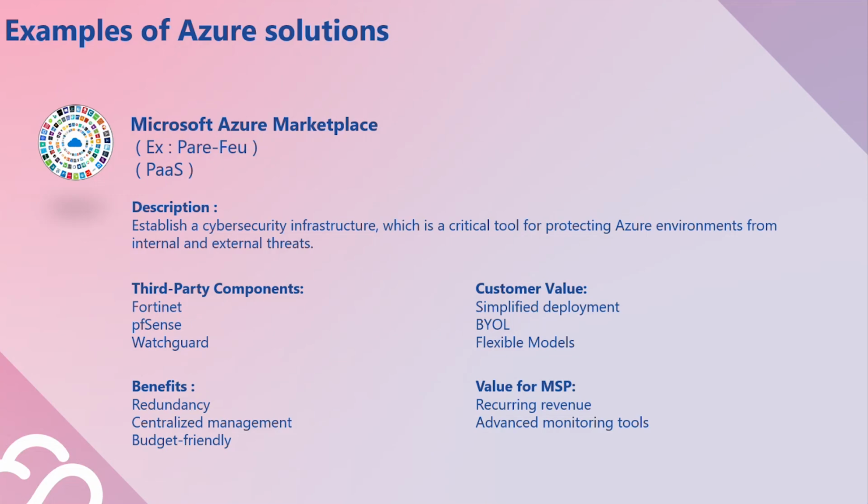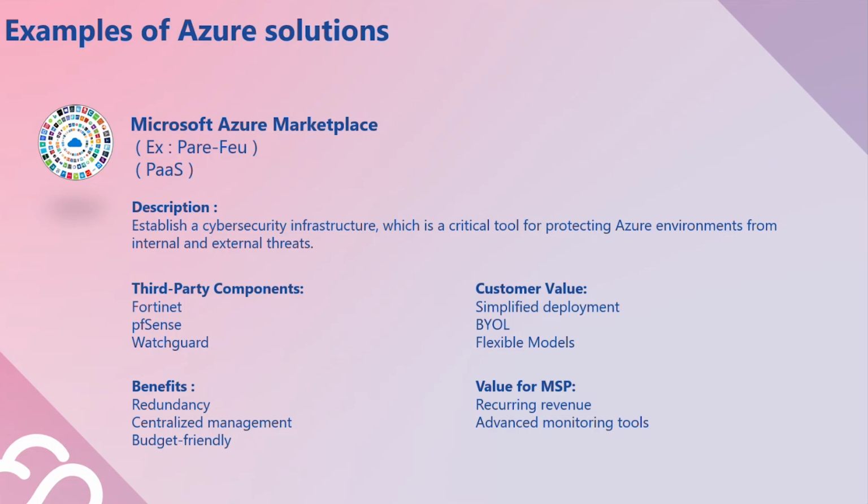First, sorry about the French, we must see firewall. I take a note myself here. So, in Microsoft Azure Marketplace, as a platform as a service, you can deploy a firewall. It will be a good strategy for yourself. How? Establish a security infrastructure, a critical tool for protecting the Azure environment from internal and external threats.